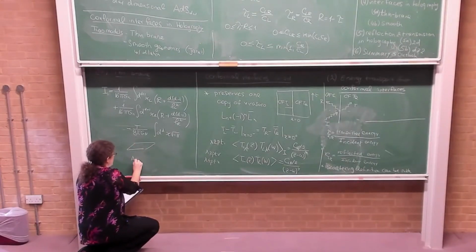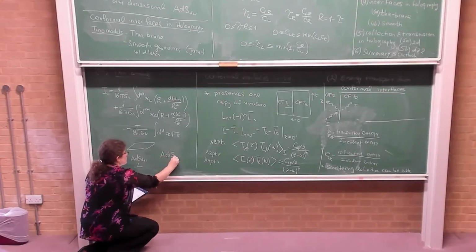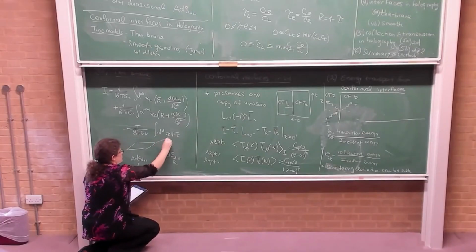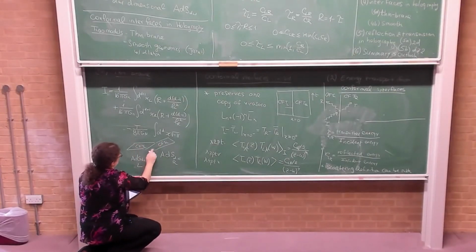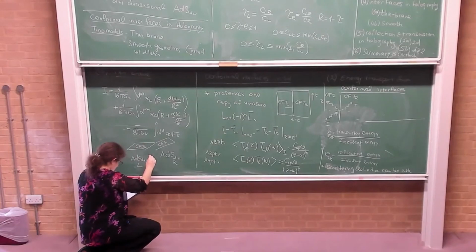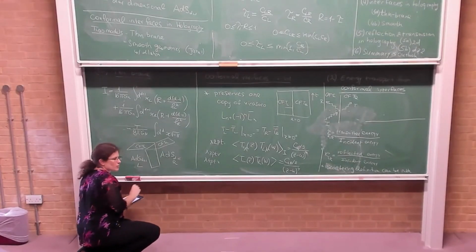So some AdS d+1 on the left and AdS d+1 on the right, which are spaces with negative curvature. This one has a boundary, which is the CFT on the right. This one has a boundary, which is the CFT on the left. And they are glued together with a finite energy density brane of tension T.